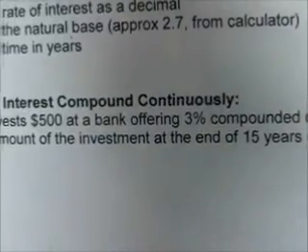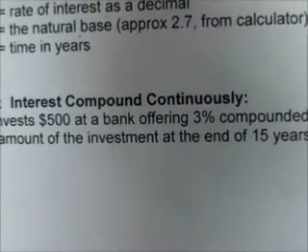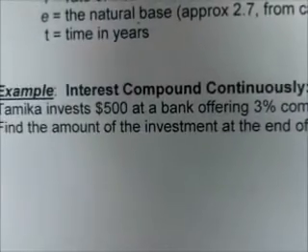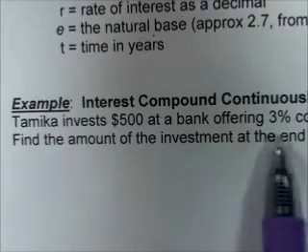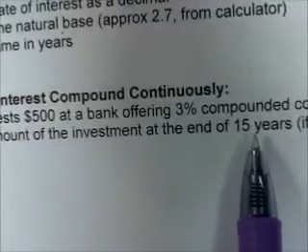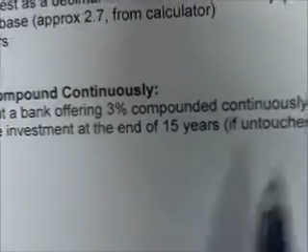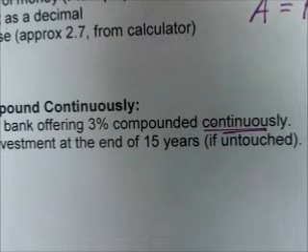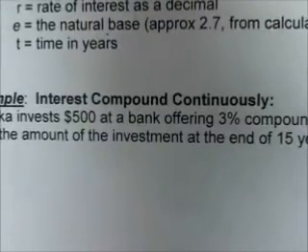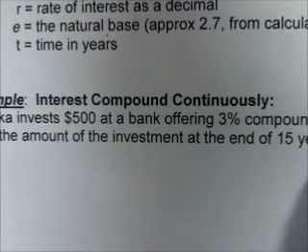So an example using interest compounded continuously. Tamika invests $500 at a bank offering 3% compounded continuously. Right there, as soon as you see that, it involves e: A equals P e to the rt. Find the amount of the investment at the end of 15 years.